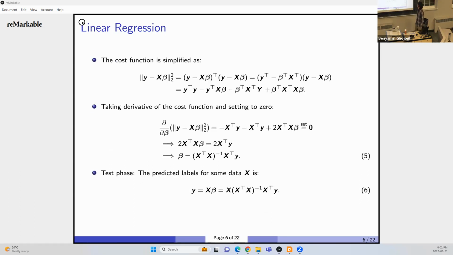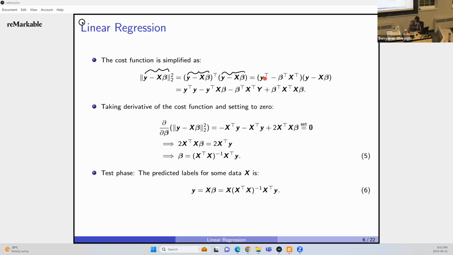The cost function here, let's simplify. Recall preliminaries. Okay. So a squared L2 norm of something is that thing transpose that thing, right? And transpose can be applied on the elements when we have a summation.